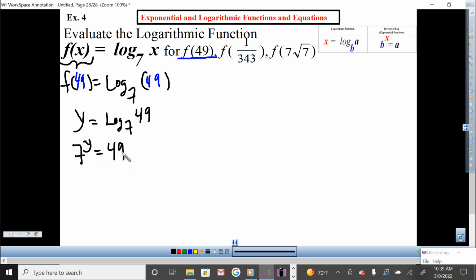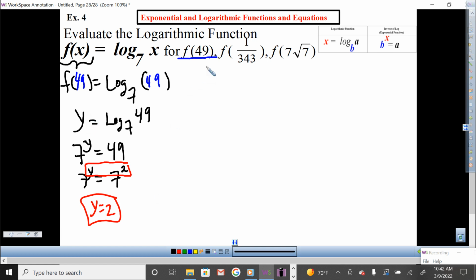Yes. Pass someone. Leo. Next. 7 to the y equals 7 to the 2. Yes, that is correct. And pass it to Mr. Q. All right. So look at the exponent. So y equals 2. Piece of cake? Yes. So what is the only thing that we added on this one? We needed to substitute the value first and change it to y form.